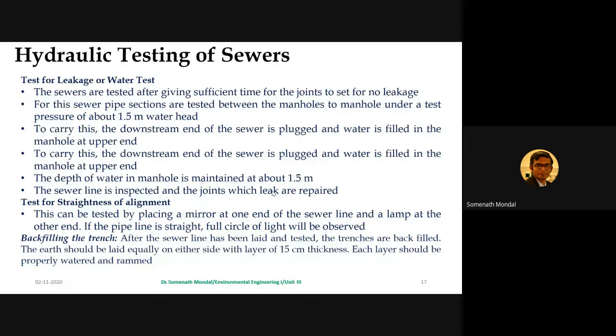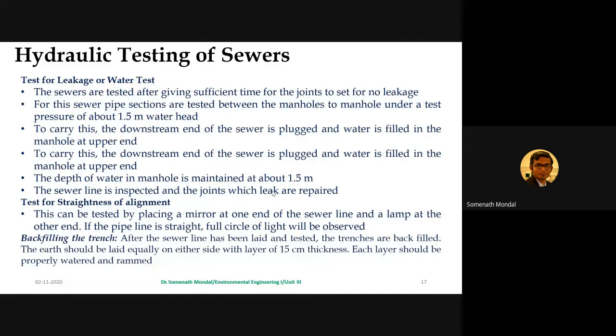If the pipeline is straight, the full circle of the light will be observed. However, if the pipeline is not straight, this would be apparent, and the mirror will also indicate any obstruction in the pipe barrel. By doing this, you can test both straightness as well as obstruction.